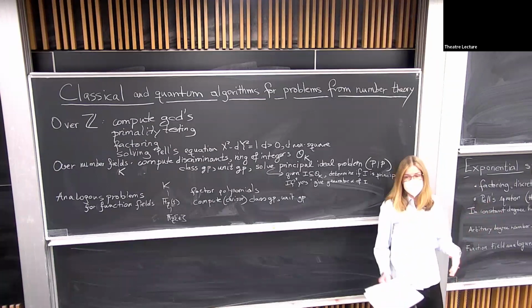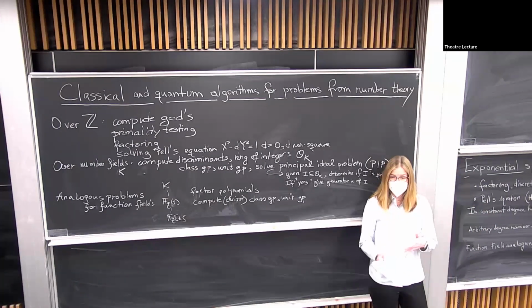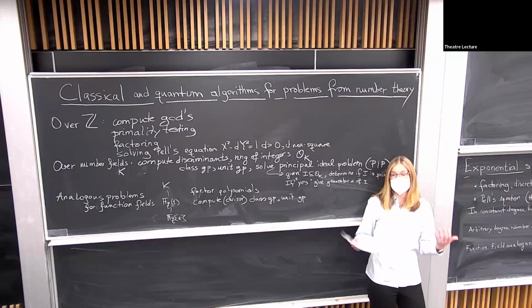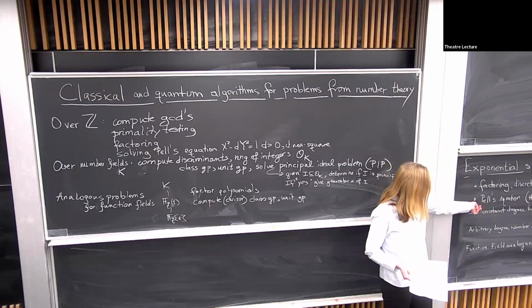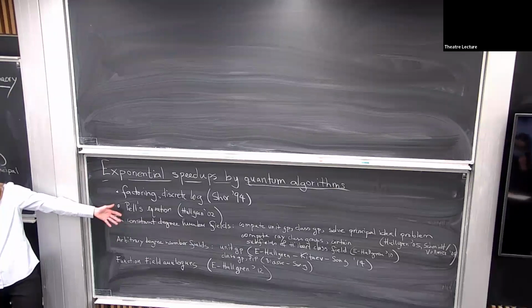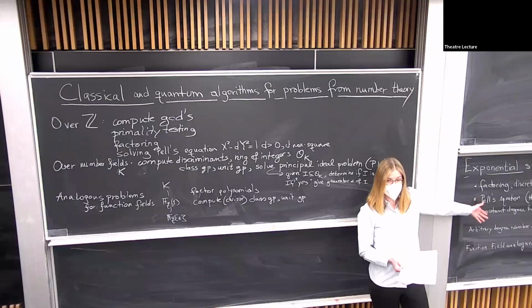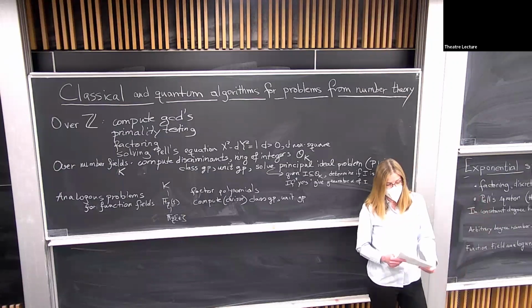Francois already mentioned that even in factoring, you do some sort of order finding, and the same in discrete log. And for Pell's equation, we're not actually going to find the smallest solution. We're going to find the log of the smallest solution, the regulator, because the smallest solution might be too big.